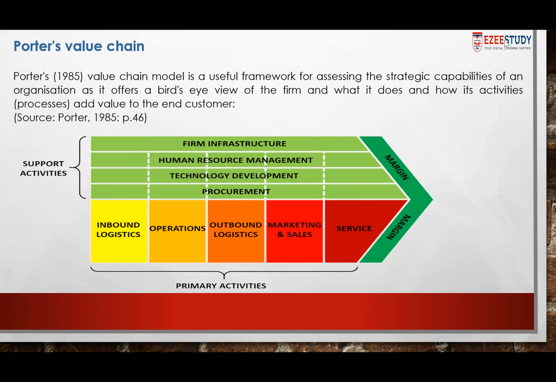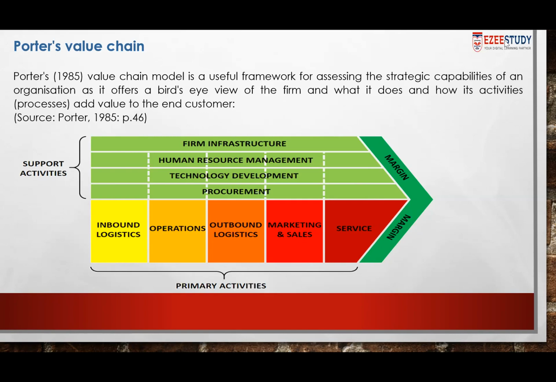One of the two is support activities and the other is called primary activities. Let's first discuss the types of these activities, and then we'll discuss why or how beneficial it is to use Porter value chain in the strategic planning process.